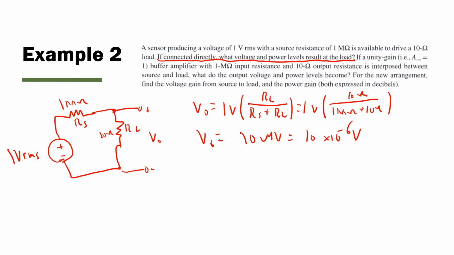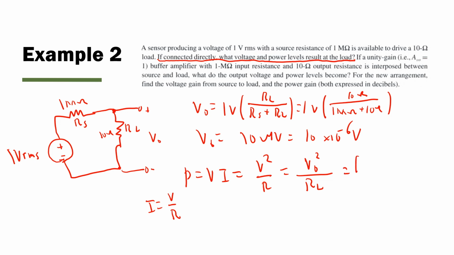Now, if we want to calculate the power level, we know that's equal to voltage times current. We also know that current can be expressed as voltage divided by resistance. So we can rewrite the power equation as V squared over R, which for this case would be the output voltage squared divided by the load resistance.